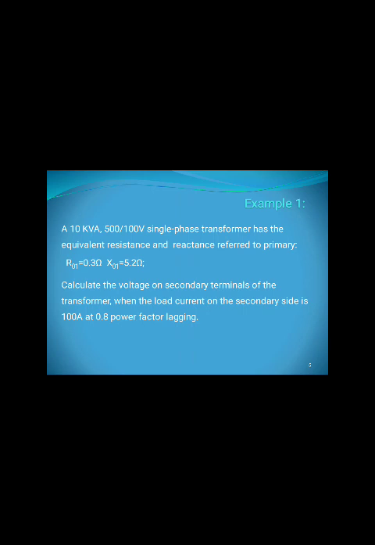Calculate the voltage on the secondary terminals of the transformer when the load current on the secondary side is 100 amps at 0.8 power factor lagging.